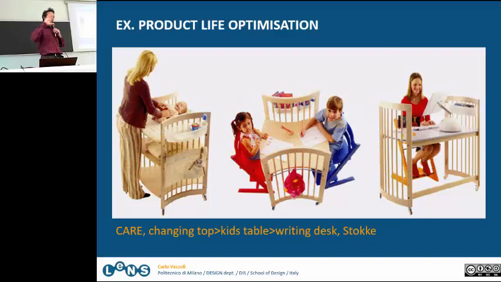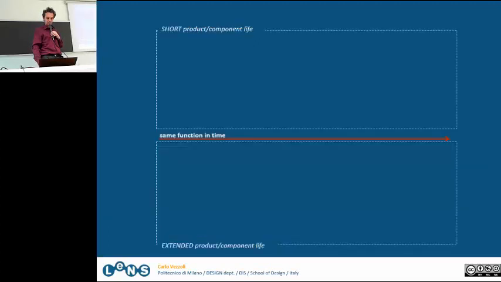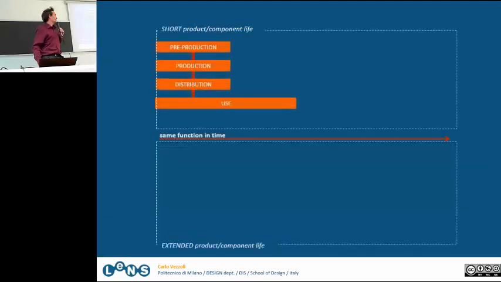Believe me, there are lots of other things to be said, but here I have no time to speak about it. But just to give you an idea, why and where do we reduce environmental impact if we extend the life of a product? This is an example up there of a product with a short lifespan: pre-production, production, distribution, and use phase. Now you know why we speak about that.